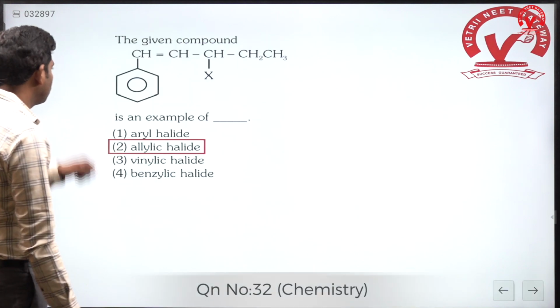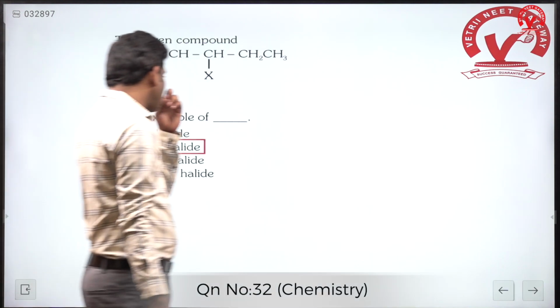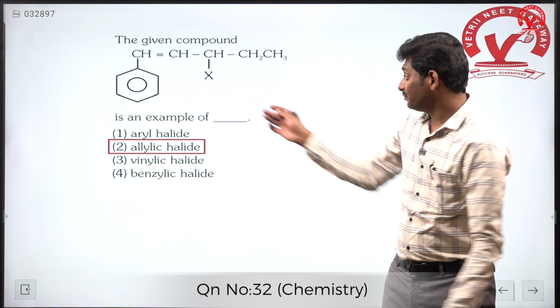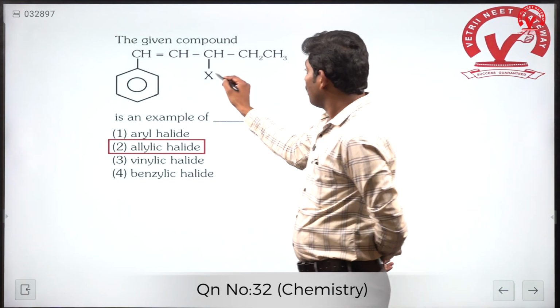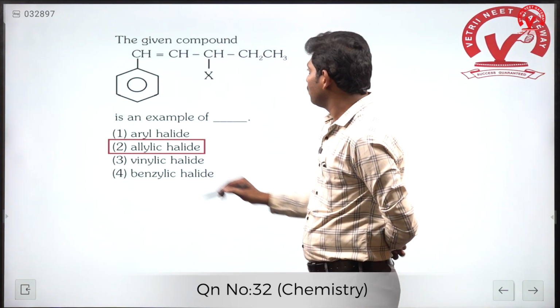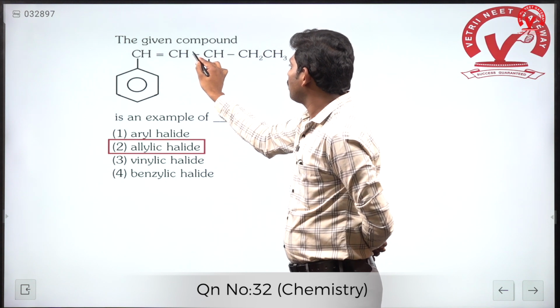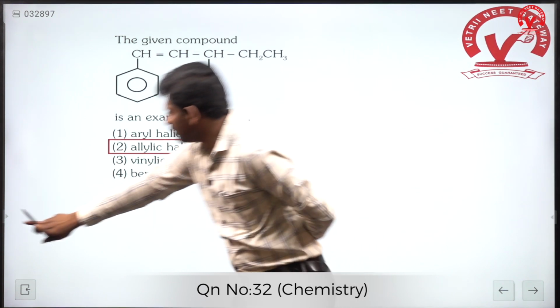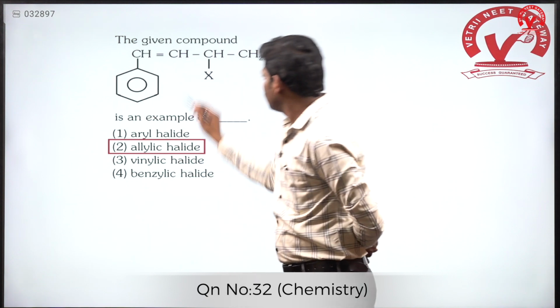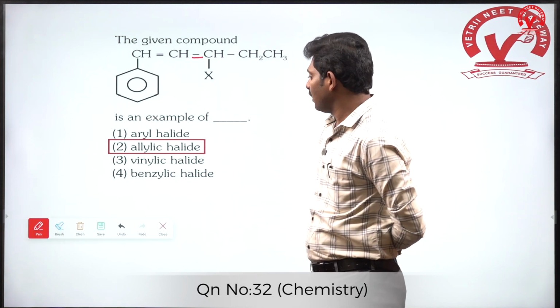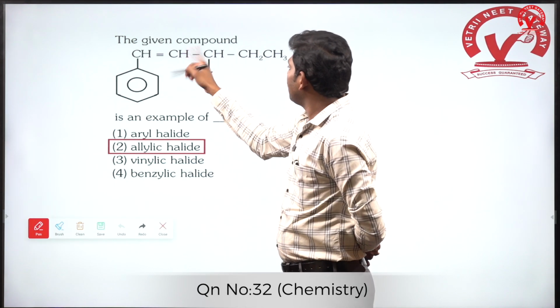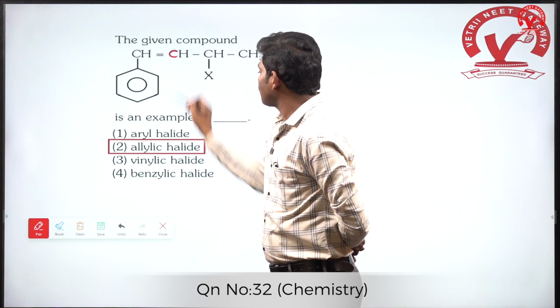Next question. The given compound is just an introduction, a normal question. A halogen is attached to a carbon. The carbon directly bonded with a double bonded carbon is called vinylic carbon. Here a double bond is there, so it is vinylic carbon. The carbon next to the double bond is called allylic carbon.